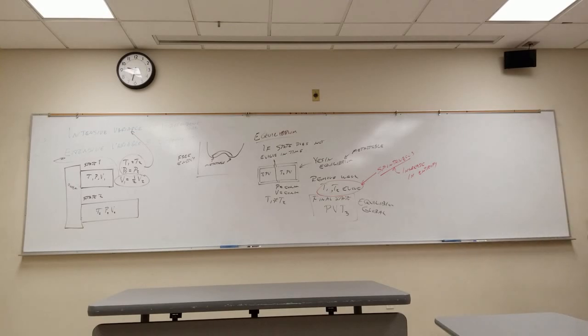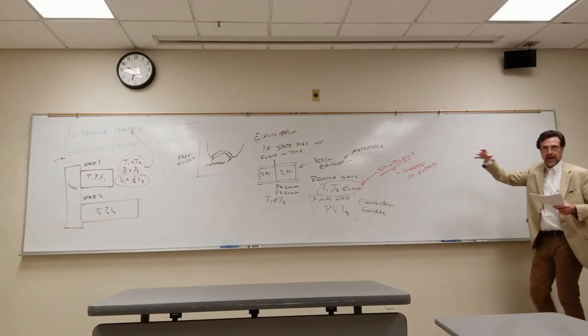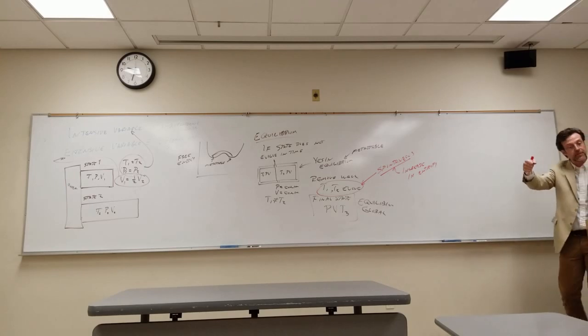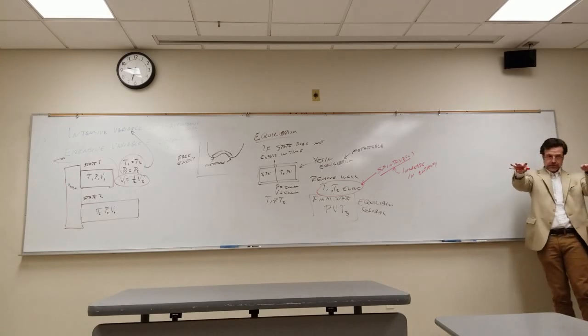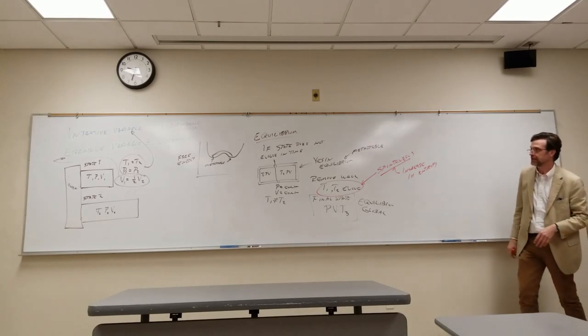And we'll talk about that probably Wednesday next week. But I want to introduce just the concept of spontaneous. You can have two different states in an isolated system that are both in equilibrium, but in order to move from one to the next, there has to be some increase in entropy.